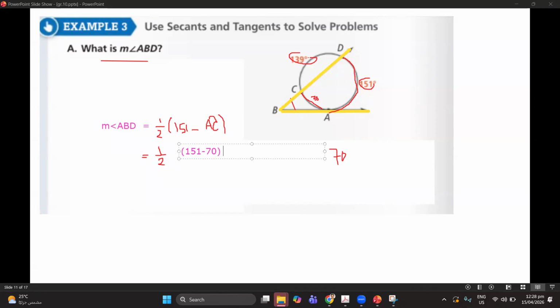Divide by 2. So what's the measure of the angle? 40.5. So the measure of angle ABD is 40.5. Is it clear? Yes. Okay. Now next.